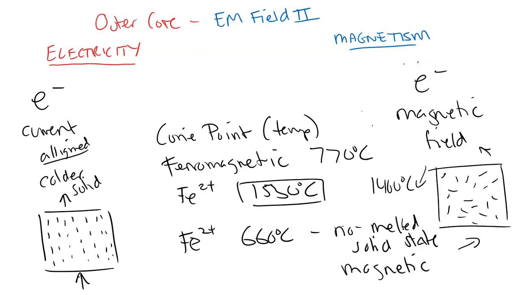It wouldn't add upon itself and become stronger. It would basically cancel out with opposing forces in different directions. So it wouldn't really work as a magnet anymore. So this Curie point is important.